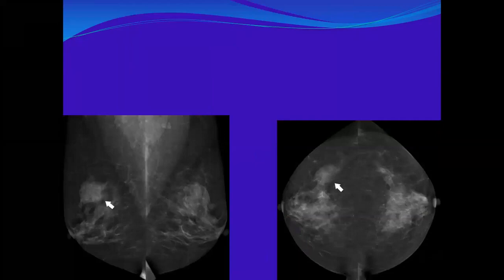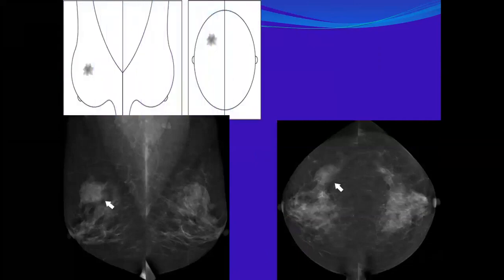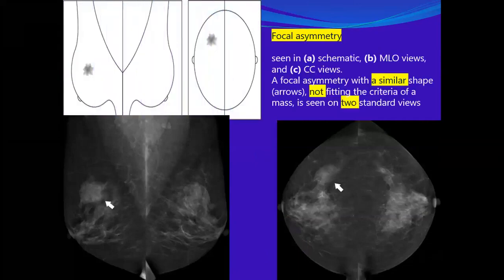a focal asymmetry. This is the focal asymmetry seen in schematic view. It has a more or less similar shape, but it does not fit the criteria of a mass in the two standard views.